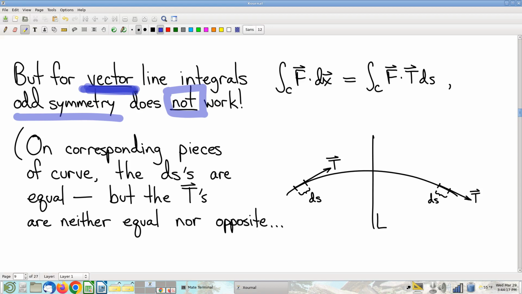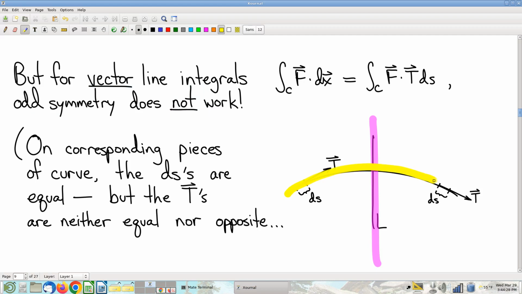It just doesn't work. I can give you a quick argument as to why it doesn't work. If we're reflecting over that line, for example, and let's suppose that our domain is a curve like this, which I'm attempting to draw there, a curve that is symmetric over that line. Well, you can chop it up into little pieces, and we can look, for example, at this little piece there versus this little piece there, and hey, check it out, the ds's are the same, and that's nice.